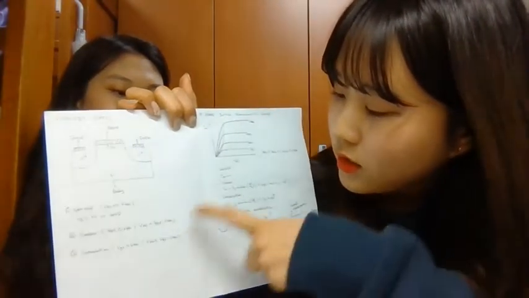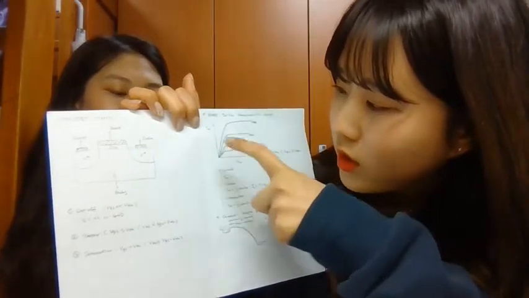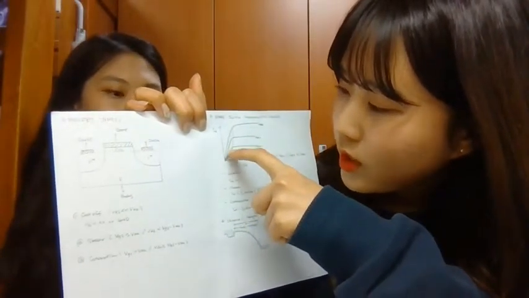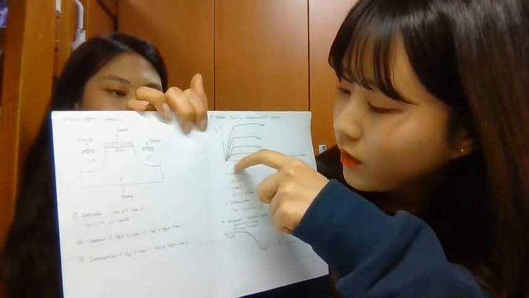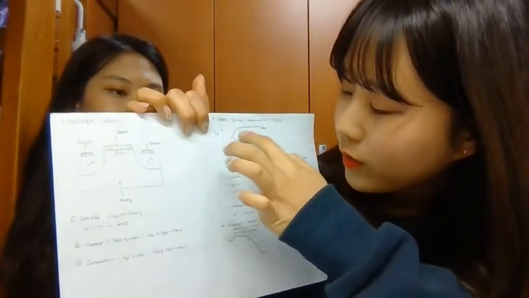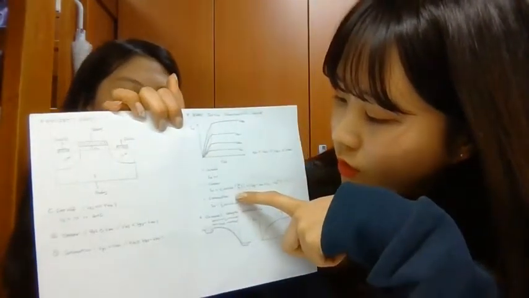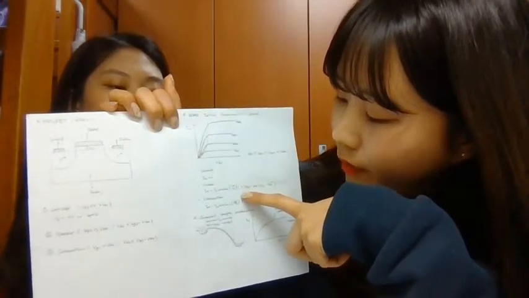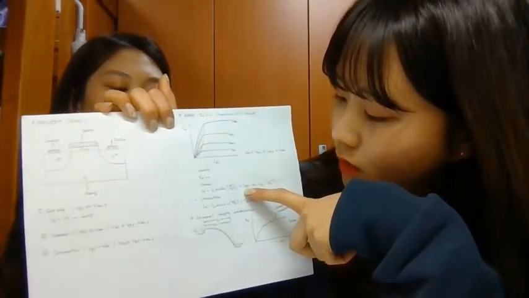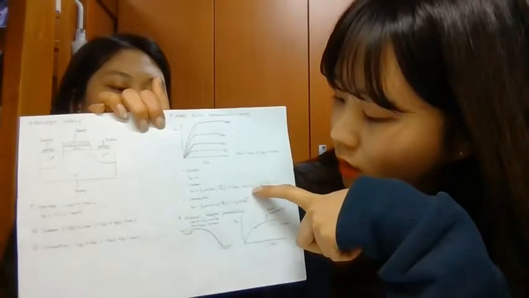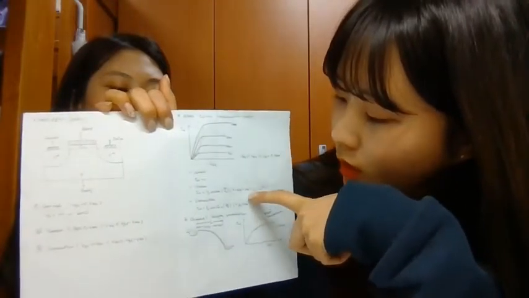And second, this is the linear state. In this characteristic curve, the linear state's part is the left red line. When you see this equation, there are two variables. First one is gate source voltage, and second one is drain source voltage.